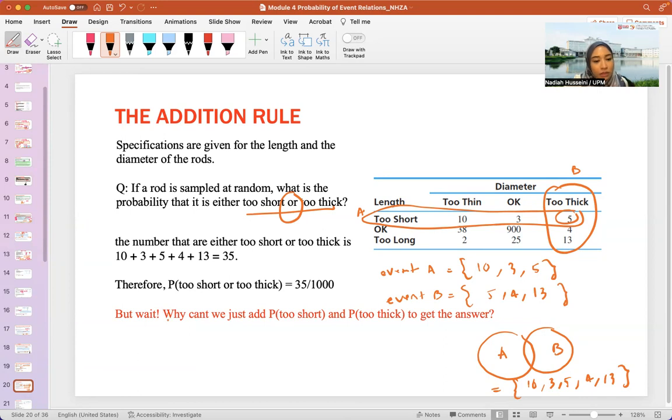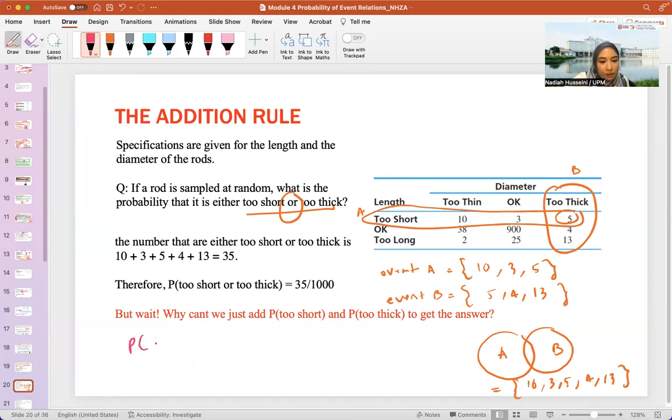But wait, why can't we just add P too short and P too thick to get the answer? Remember earlier on we talked about P(A) plus P(B). What was the rule about this? When we have two events, how do we add them together?